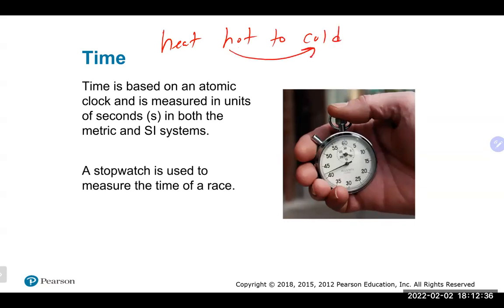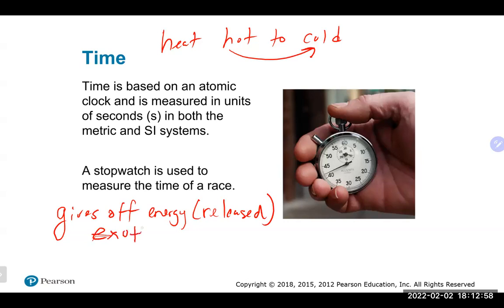By the way, while we're talking about heat and transfer of energy, when something gives off energy, our energy is released. That is what is sometimes referred to as an exothermic process.